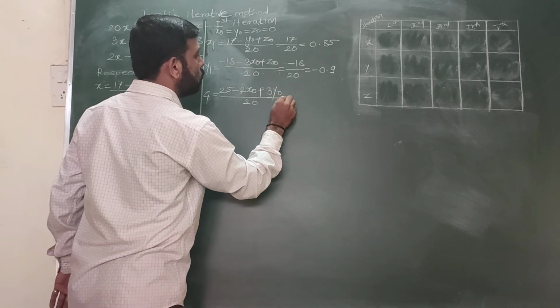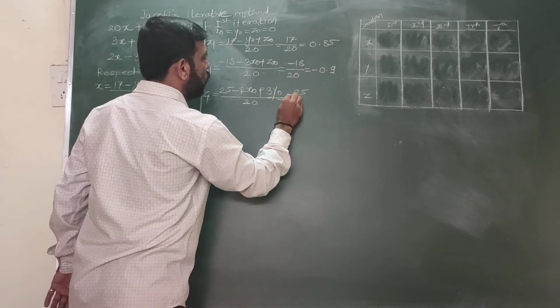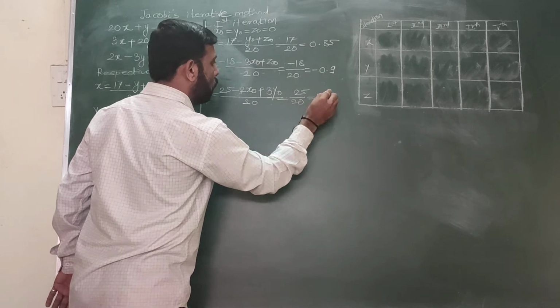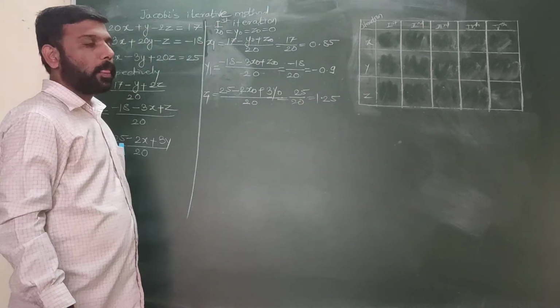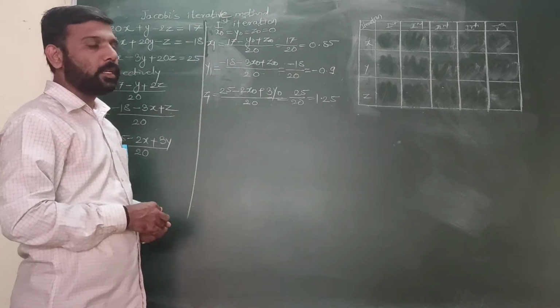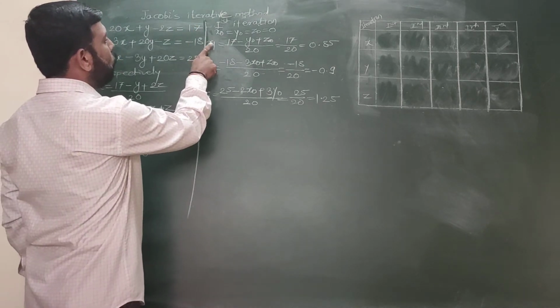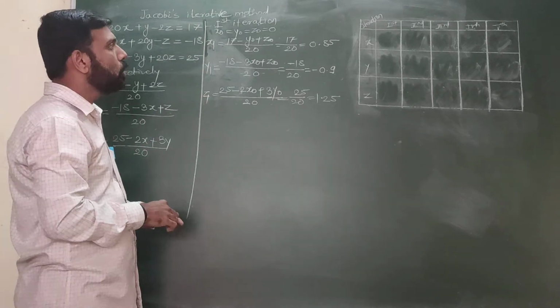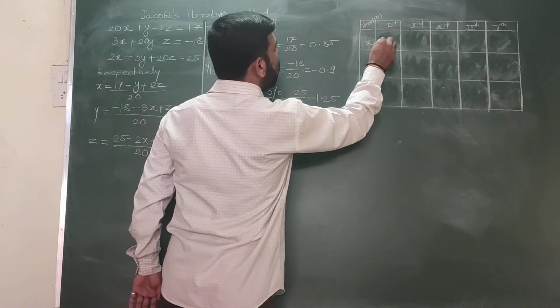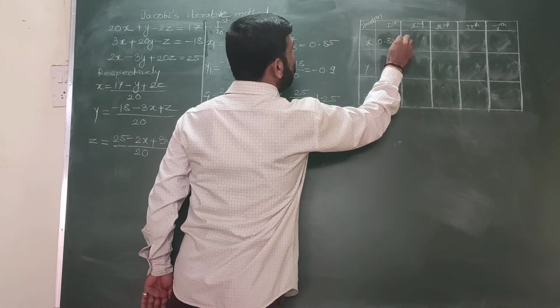After this we have 25 upon 20, that is 1.25. This completes our first iteration. These are the first approximate values of x, y and z. Write down these values in table format, 0.85.